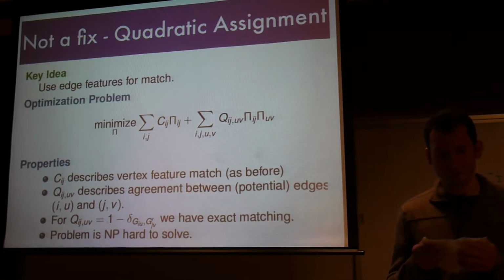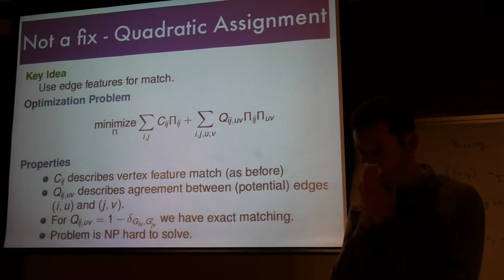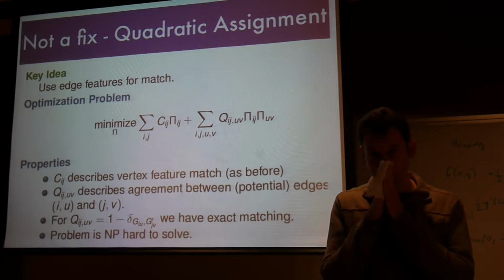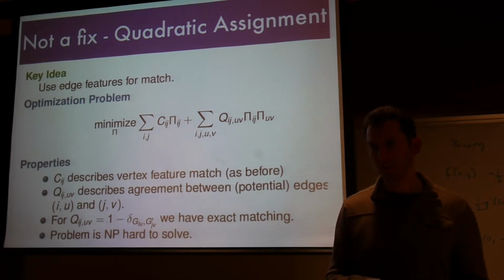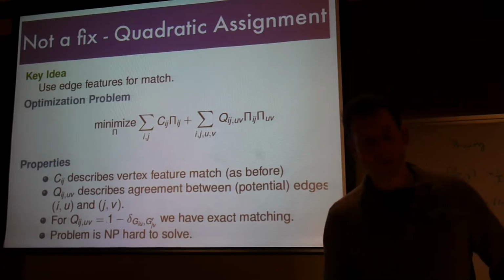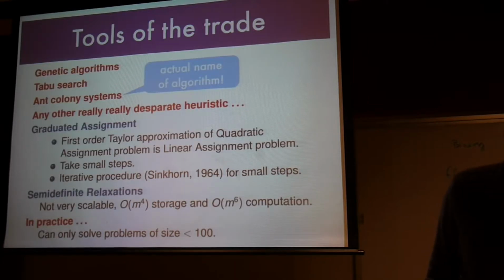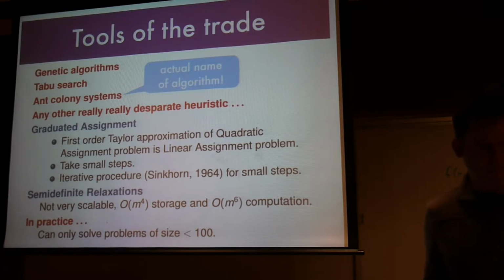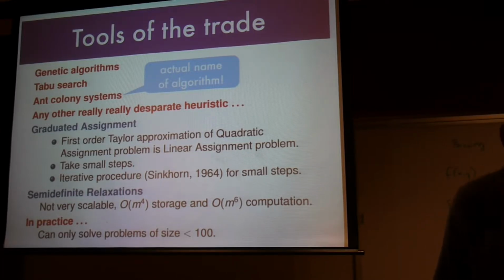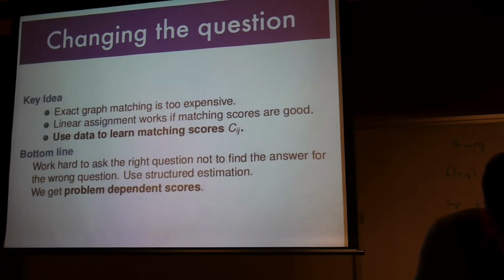And the good thing is, you solve the problem, and verifying whether a solution is a match, you can do trivially. The only thing is that you aren't always guaranteed to get the right solution. So, just a bit of an idea of what else people do. This is basically the alternatives. I hope you will never have to use them.